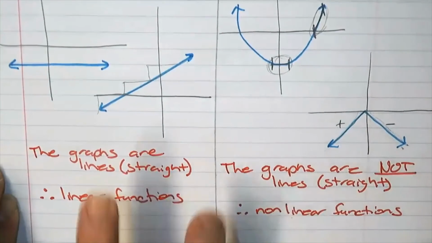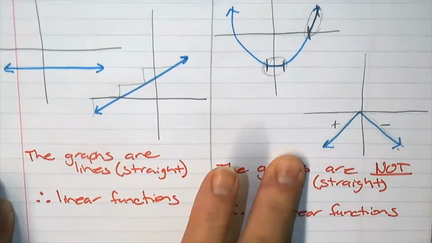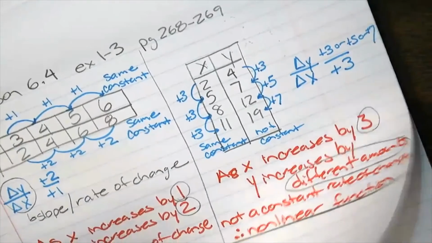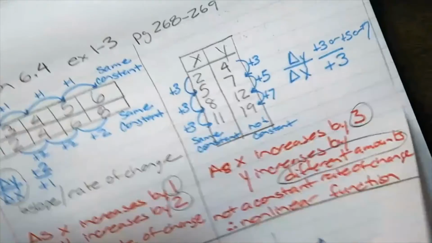And we know what linear and nonlinear functions look like as graphs. Let's talk about what linear and nonlinear functions look like as equations. Each of these equations that you're going to see is a function.